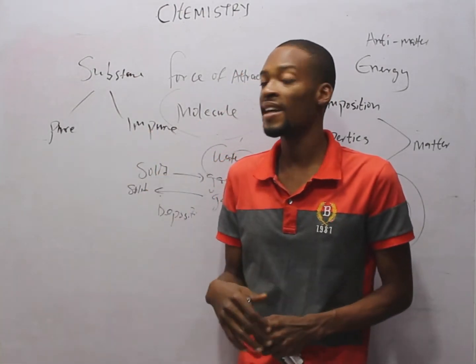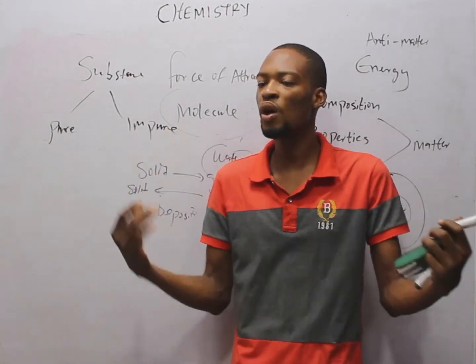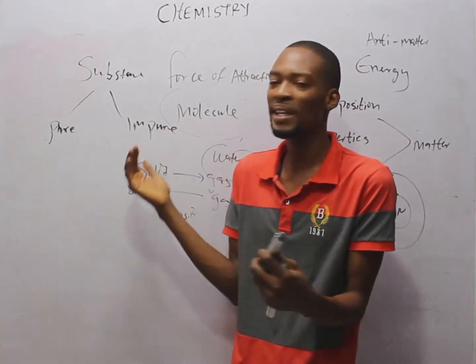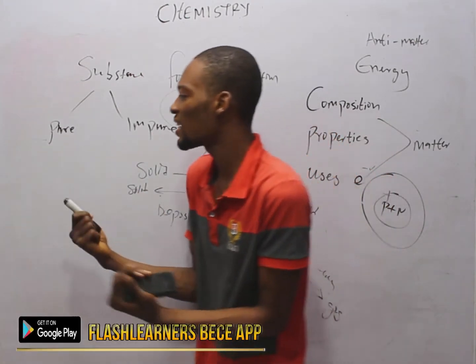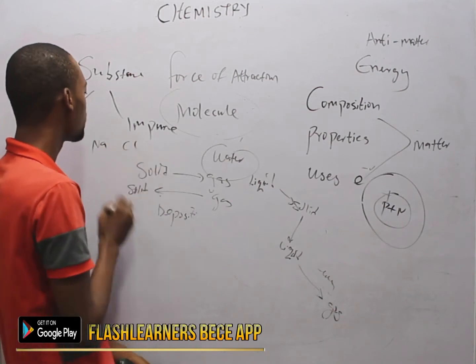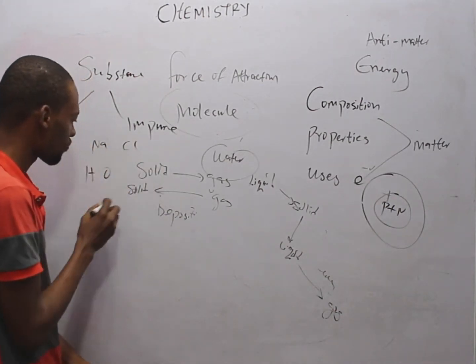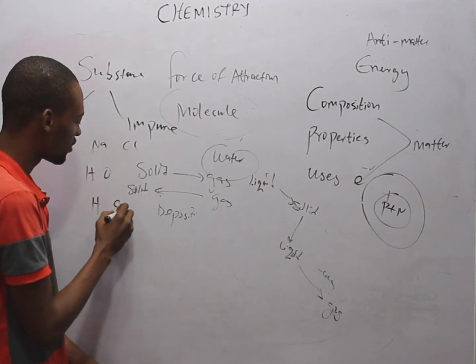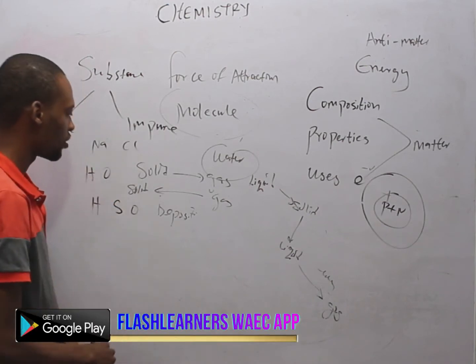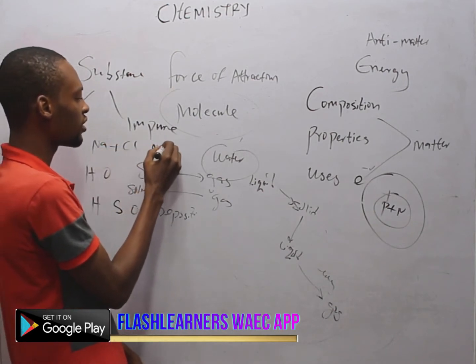So elements, I gave examples. While a compound is composed of two or more elements combined together chemically. So when two elements react chemically, they form a compound. Like this is sodium, this is chlorine, this is hydrogen, this is oxygen, this is hydrogen, this is sulfur, this is oxygen. If sodium and chlorine react, they give you sodium chloride.